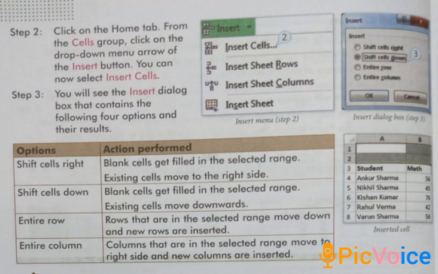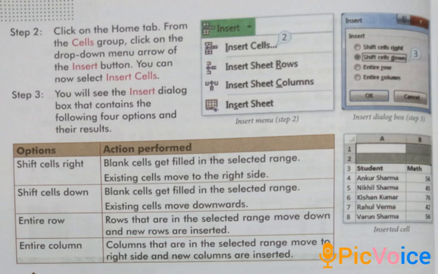Step 3. You will see the Insert dialog box that contains the following 4 options and their results. Options: action performed.